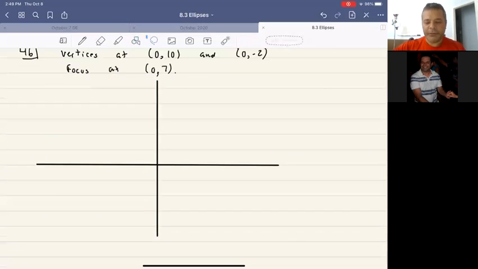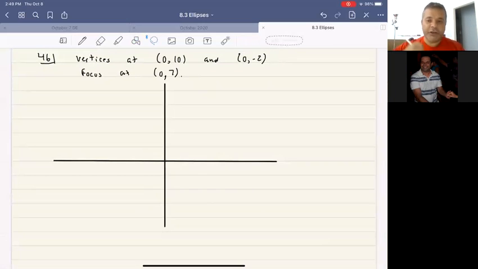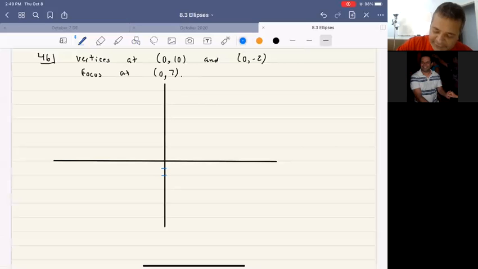Okay, so we need our vertices at 0, 10 and 0, -2. So that means if I go down, let's say this is 0, -2. This is 0, 10. So we have vertices down here and up here. Now, how am I going to find the center?